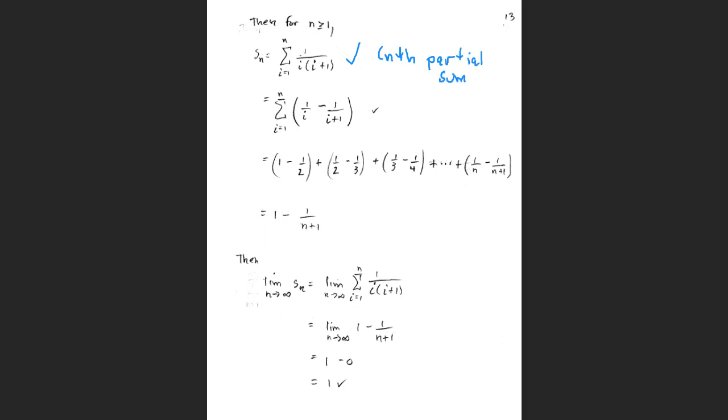I'm going to rewrite that this way because 1 is equal to A, and the negative 1 is equal to B. Okay, so, partial fraction expansion. And then what I'm going to do is write out some terms of the series.